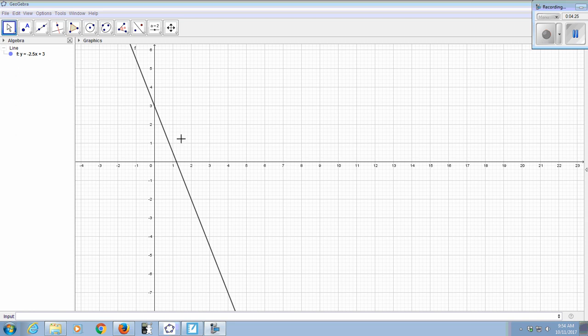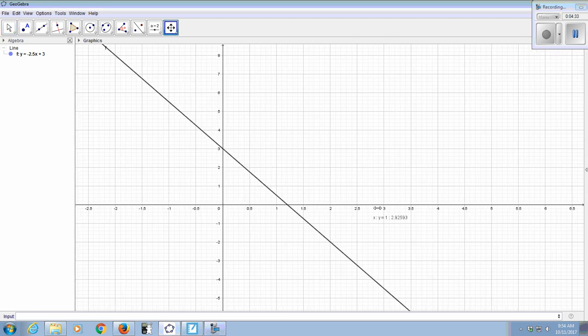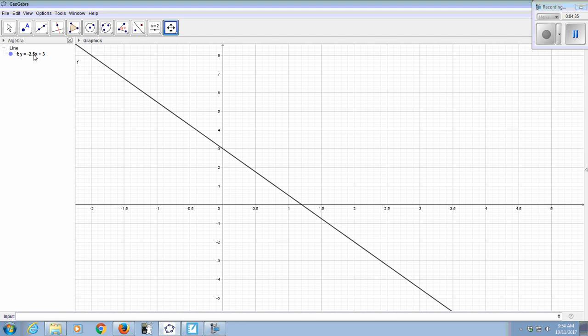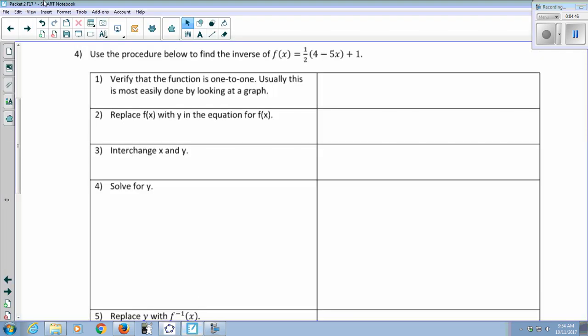All right, so I have graphed the equation. It simplifies to y equals -2.5x plus 3, which is just a line. You can see it definitely passes the horizontal line test. This is the original way that the formula was written, 1/2 times (4 minus 5x) plus 1. Just a line, so it passes the horizontal line test.